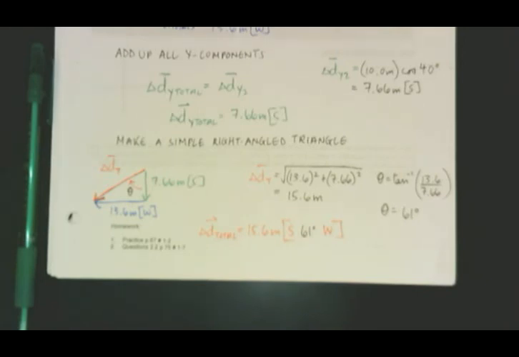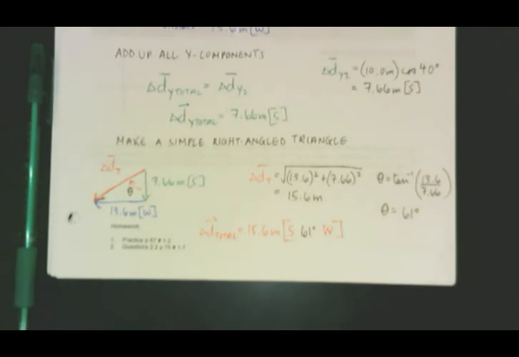So instead of employing the tail to tip method, we have employed the component method to solve the same question. If we would have used the tail to tip, we would have finished it really quickly. What is the problem in doing that method, however? It's inaccurate because everyone's drawing is going to be slightly different.